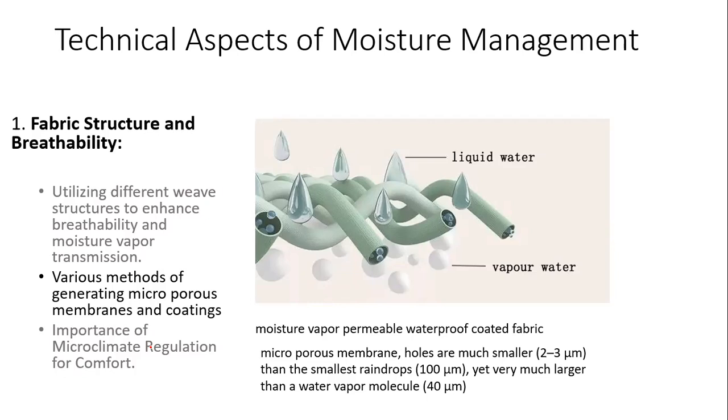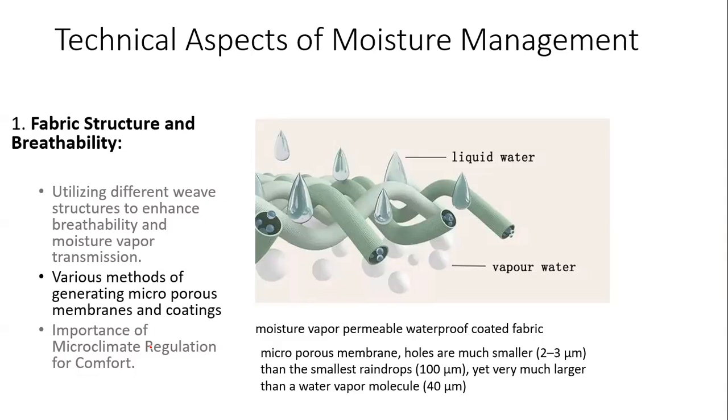These microporous membranes have very small holes, somewhere around 2 to 3 micrometers. And a raindrop has a smallest size of around 100 micrometers. So what can happen? Because the holes are only 2 to 3 micrometers, they will not allow the raindrop to come in. And they are also much larger than a water vapor molecule, which is around 40.